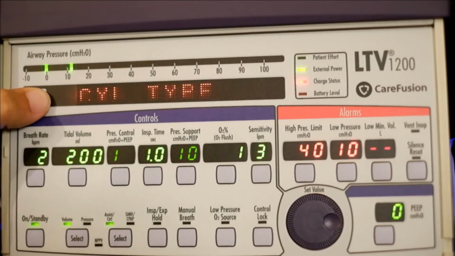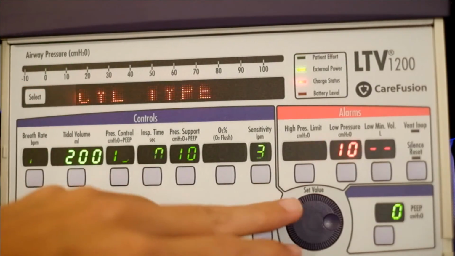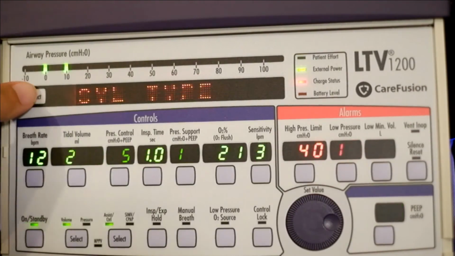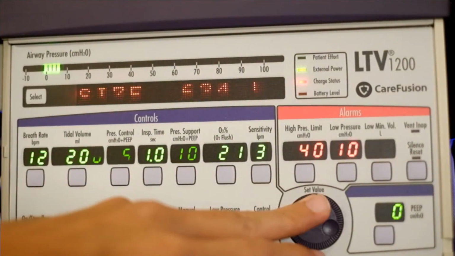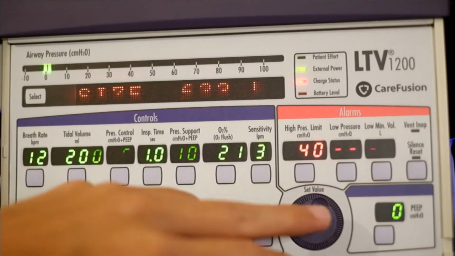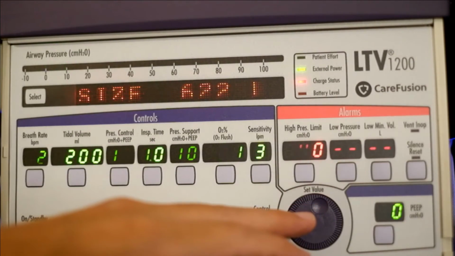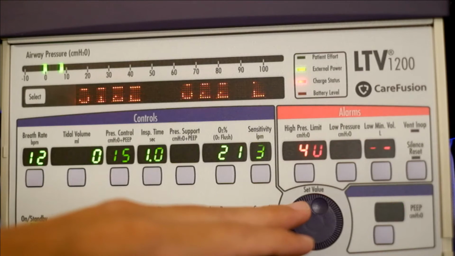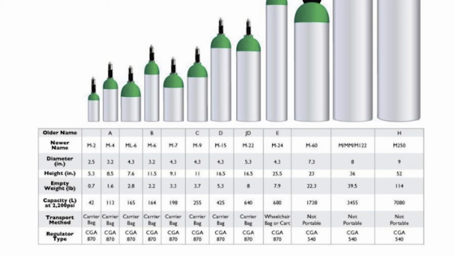O2 cylinder duration. So cylinder type. Click on cylinder type. Size, liters. To find that out, you would just have to Google it and it'll show your tank and you can see how many liters.